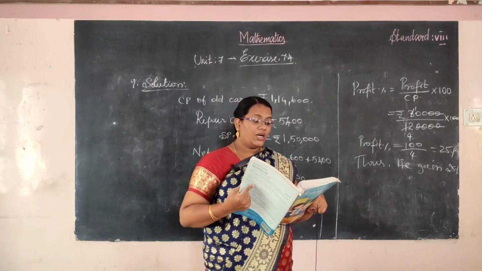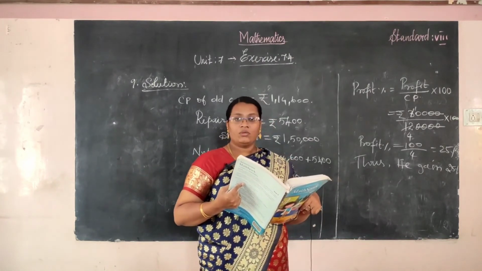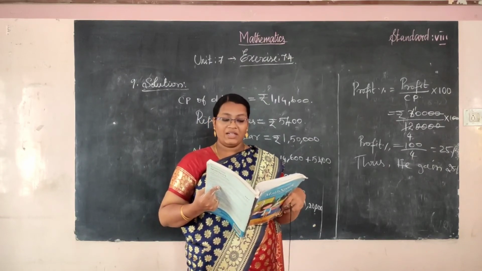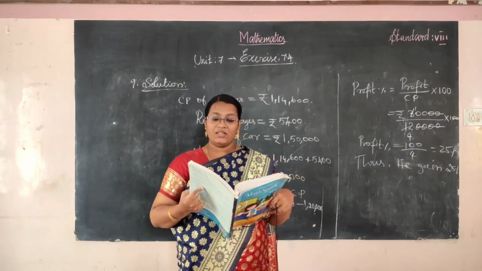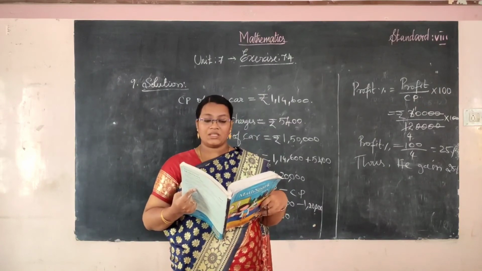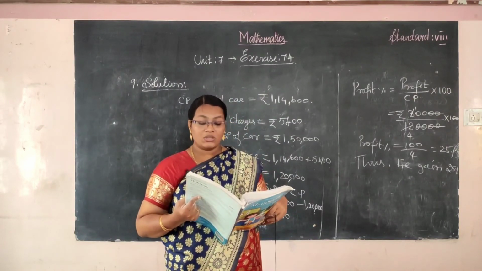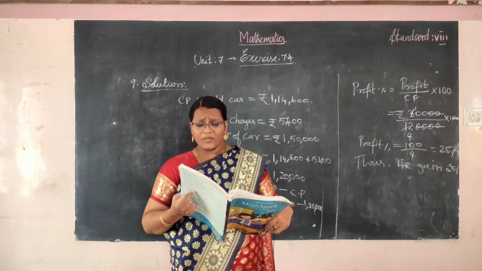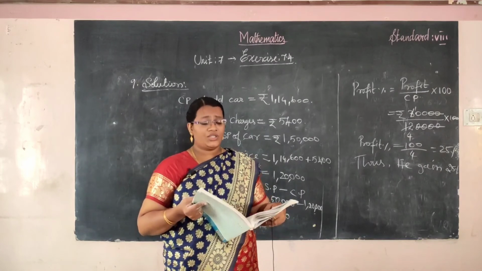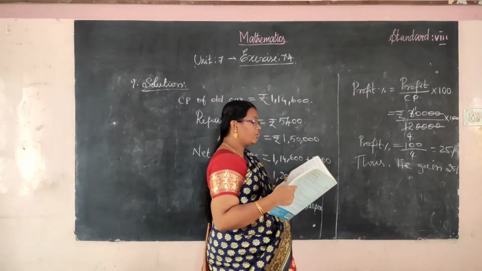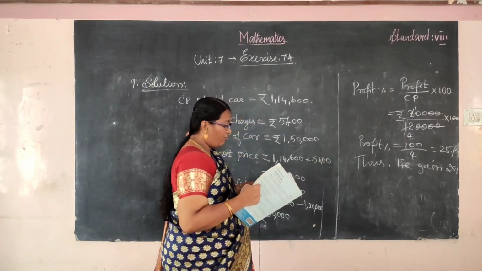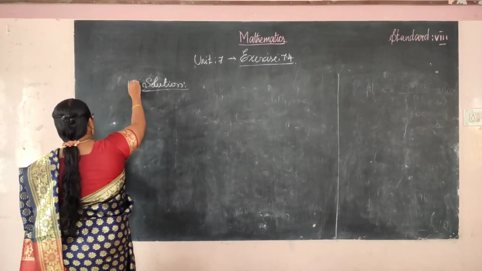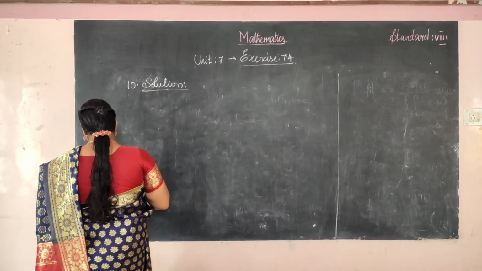So Rama bought one old watch for rupees 875. To repair that watch she spent 150 rupees, and then 175 for polishing. Then sold it for rupees 1,500. Find the profit or loss.